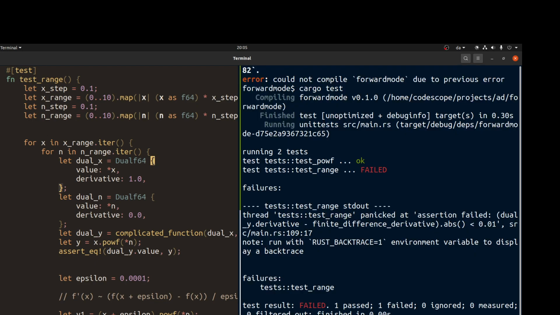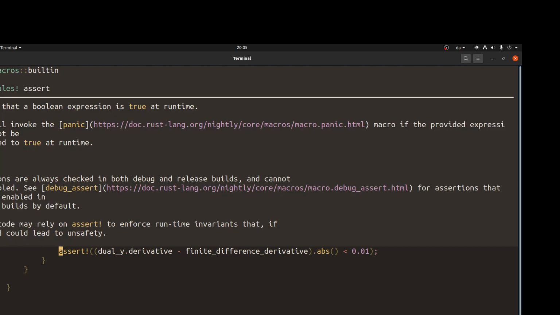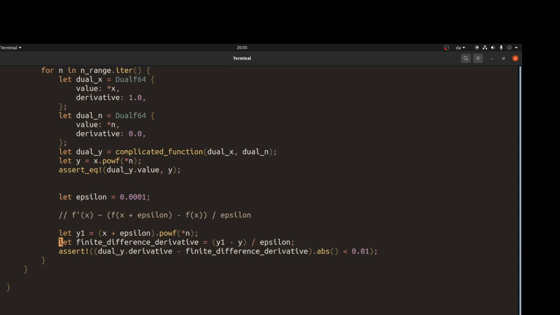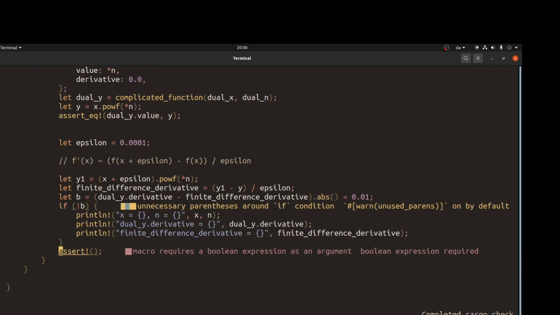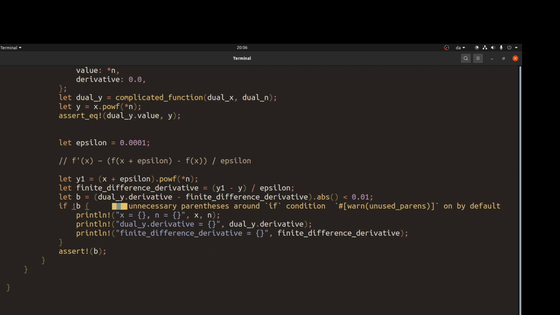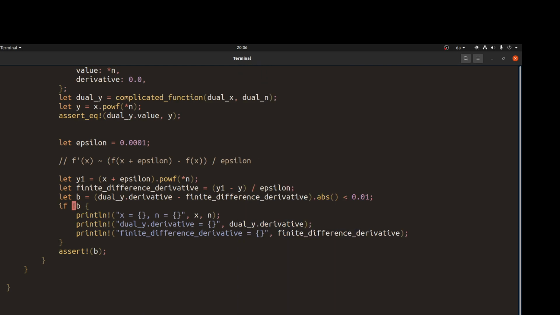Okay, so actually the test failed, which is very interesting. So when it fails, can we provide a message? Probably not. So let's get the stuff out of here, and let's call it just B for Boolean. And if not B, then I want to print some stuff, and here we can just assert.